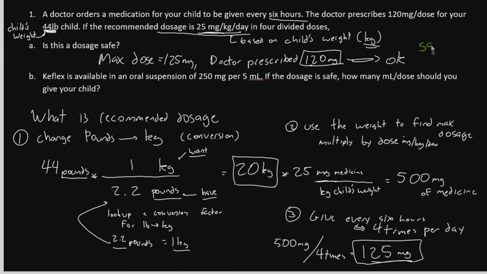That is a safe dose. As long as what the doctor prescribes is not more than the max dose, you're okay. But if the doctor had prescribed 150, for example, that would not be safe. For this dosage, 120 milligrams is safe because it is less than the 125 we found.